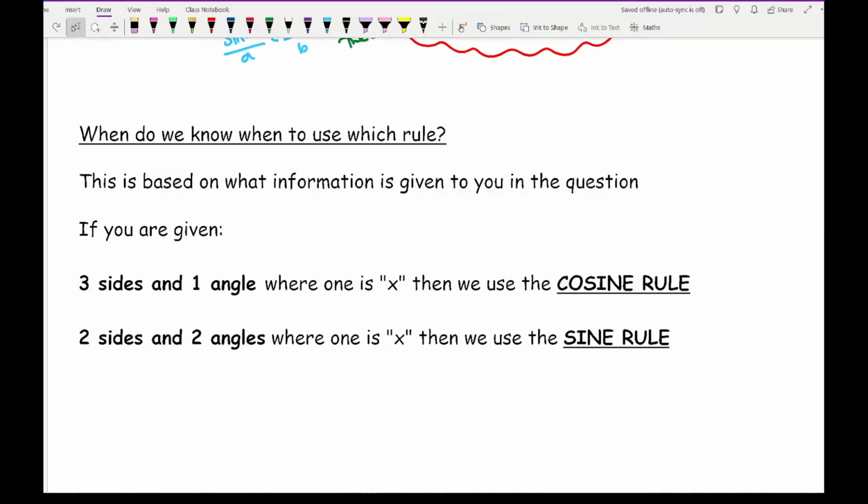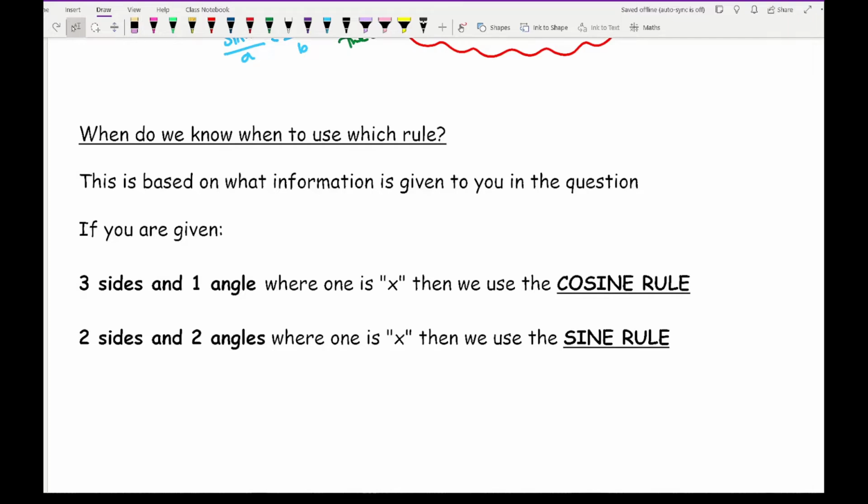Now, a common question I always get asked as a teacher is, how do you know when to use each rule? In a maths question or a maths exam, there'll be no indication about which rule you've got to use. In some cases in textbooks, they will say, here's 15 questions using the cosine rule, here's 10 questions using the sine rule, then you know which rule to use. But in exam conditions or on your homework, it might not be quite self-explanatory.